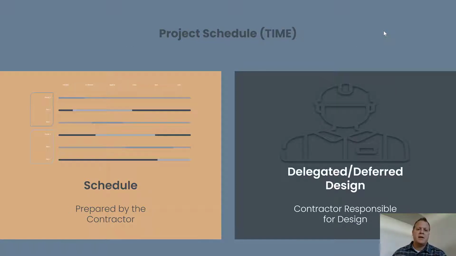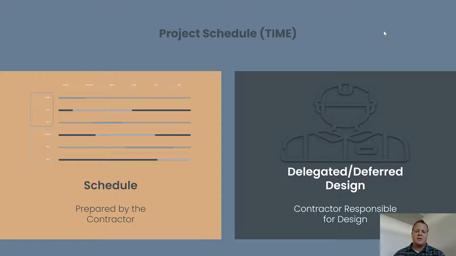Now we have another contract document, typically in the contract from the general contractor to the client and from the general contractor to the subcontractor: the schedule. That's prepared by the contractor, and it should have input from the subcontractors, at least the principal subcontractors, especially the ones on the critical path.